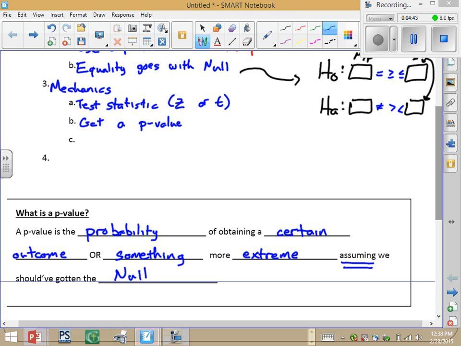So back out of the mechanics, after you get a p-value, you then decide whether you're going to reject or fail to reject. And what you're going to do is compare your p-value to an alpha level.